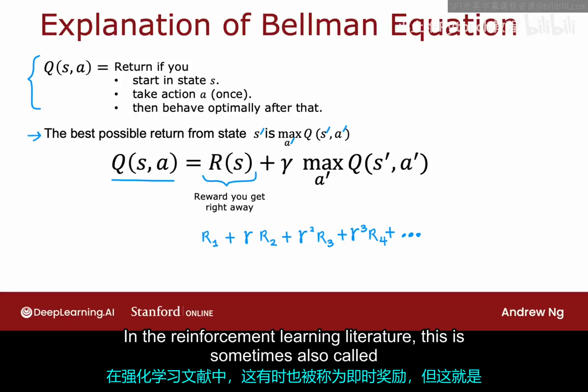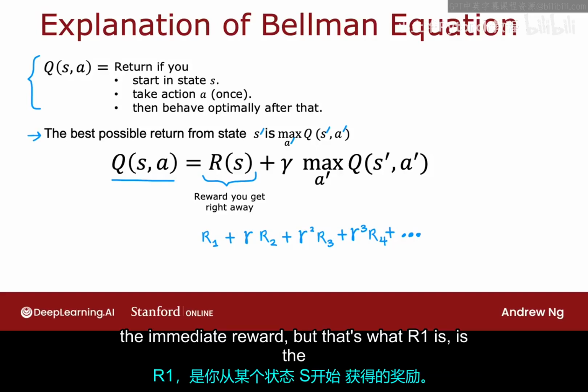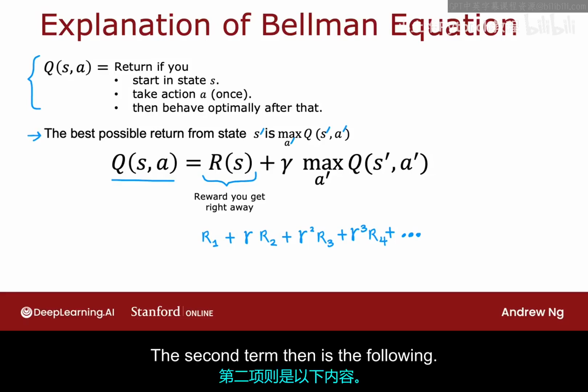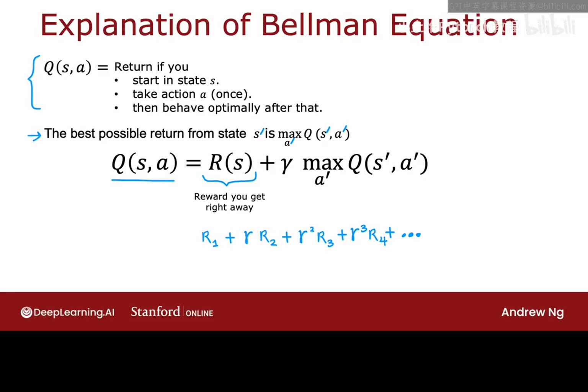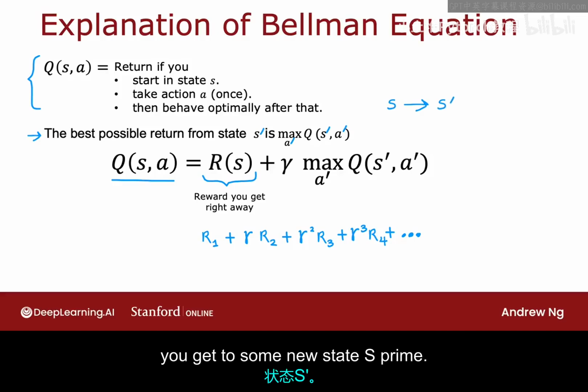In the reinforcement learning literature, this is sometimes also called the immediate reward, but that's what R1 is, the reward you get for starting out in some state S. The second term then is the following. After you start in state S and take action A, you get to some new state S prime.